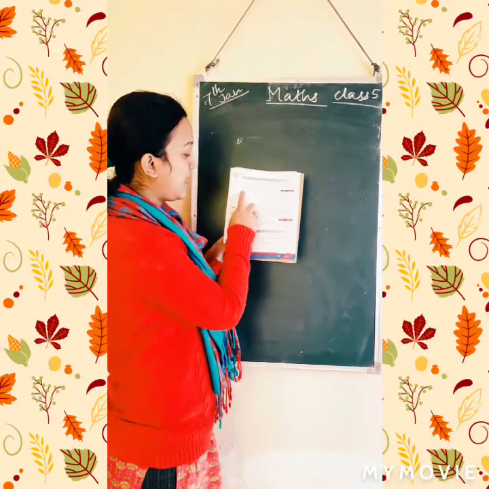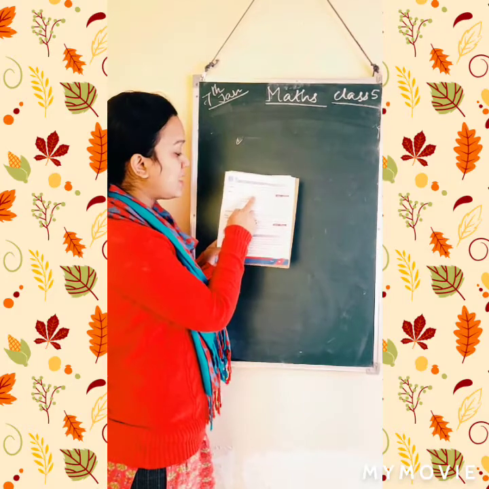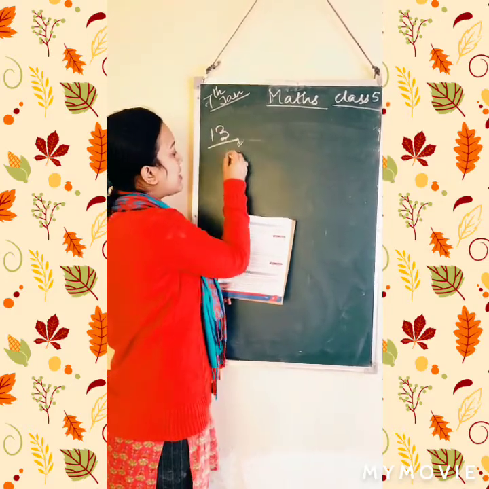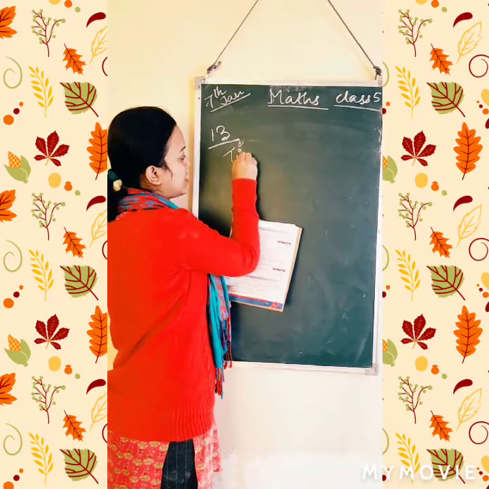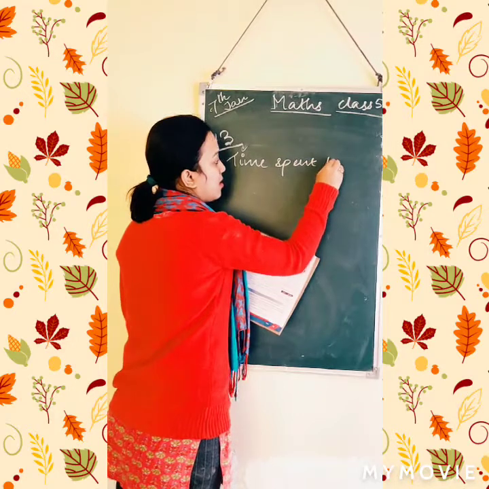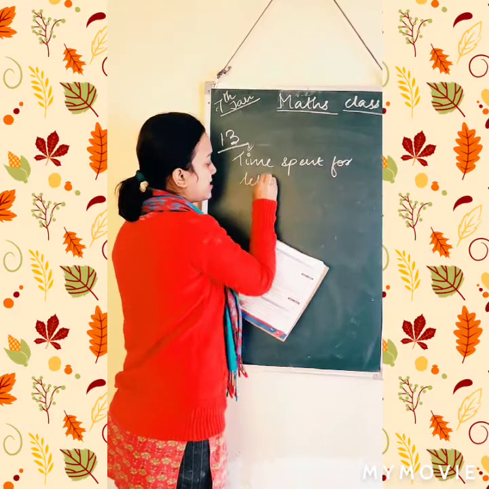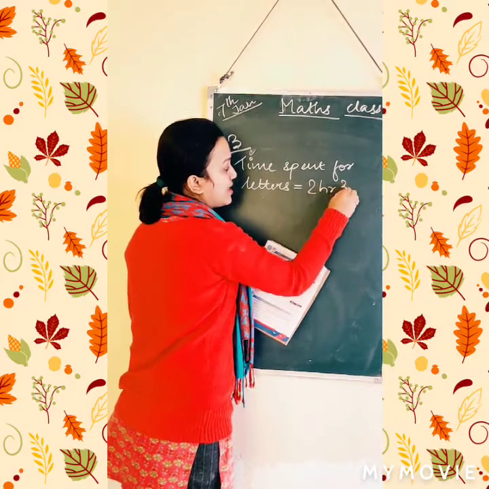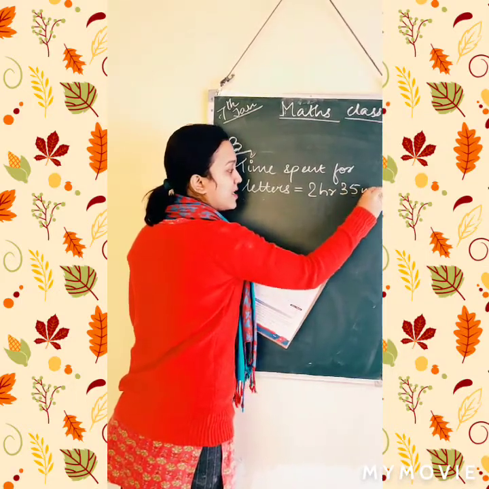Now your question is, they have given time spent in delivering letters. So for 13, the time spent for letters is equal to 2 hours 35 minutes. Yes.